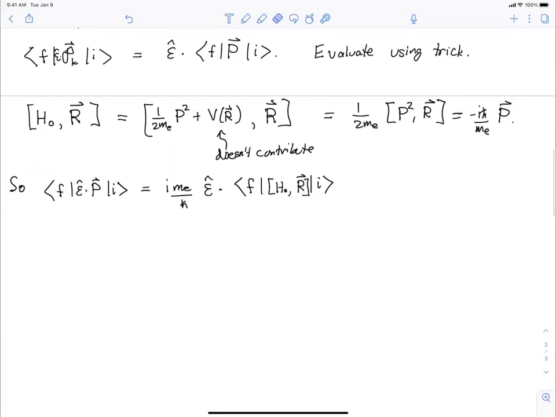We're doing this because we know how the unperturbed Hamiltonian acts on the initial and final state. So we can just replace it by its eigenvalues. Because no matter which term in the commutator you look at, it's either hitting the final state or the initial state. And so when you work that out, this is i m_e over h bar, final state energy minus initial state energy, times F, polarization dot R.